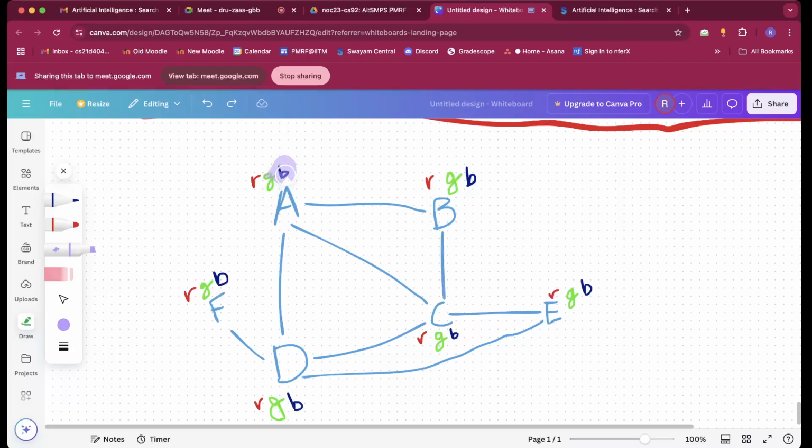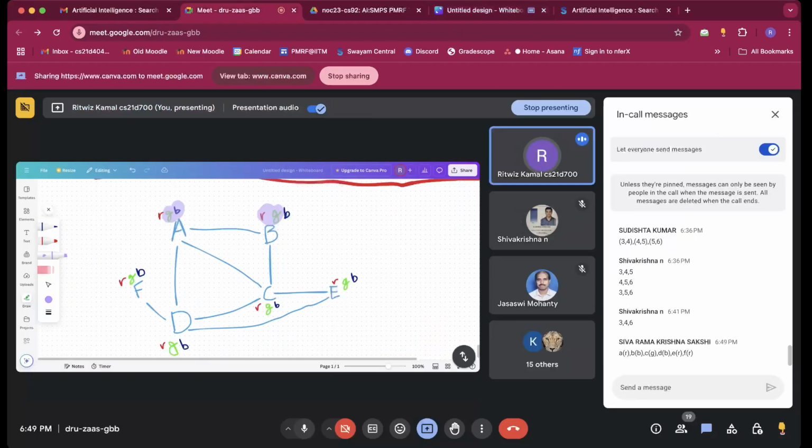We know that G and B cannot be used for A, and R and G cannot be used for region B. Okay, so this is given to us.